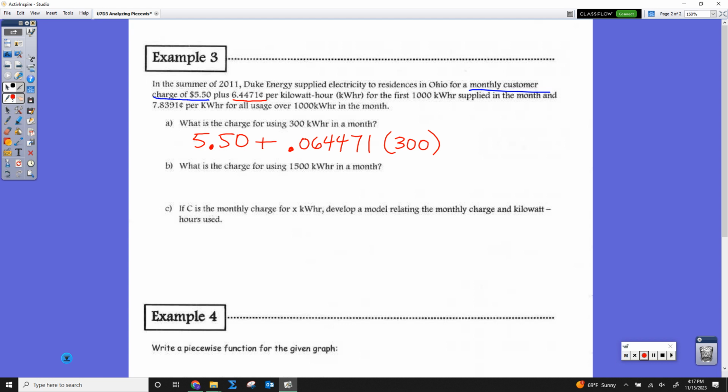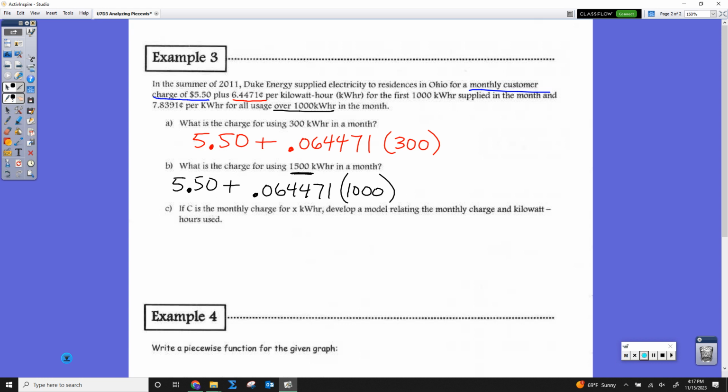All right, so for part B, it's the same thing, but this time, what's the charge for using 1,500? We're still going to have our monthly service charge no matter what. We're going to have to pay some money for that first 1,000, because this 1,500 is over the 1,000 kilowatt hours. So we have something a little bit different here. We first pay 0.064471 times 1,000, because that's the price for the first 1,000 kilowatt hours.